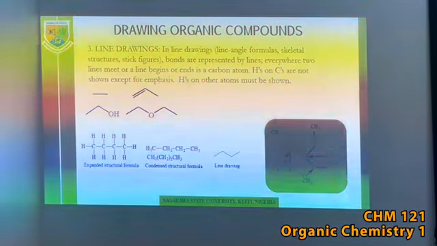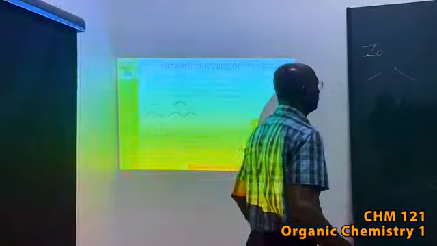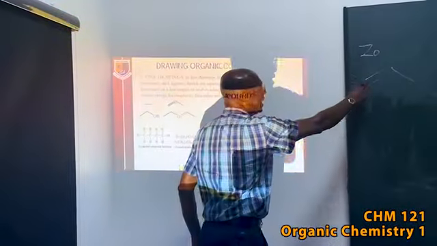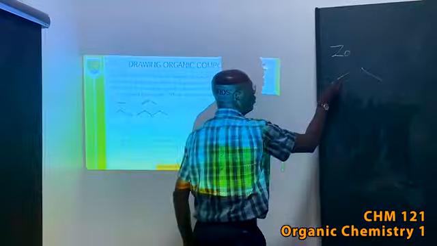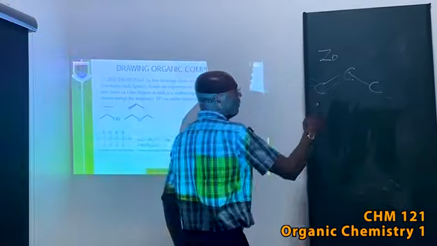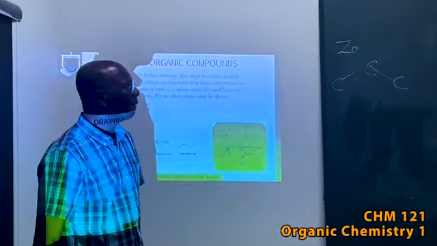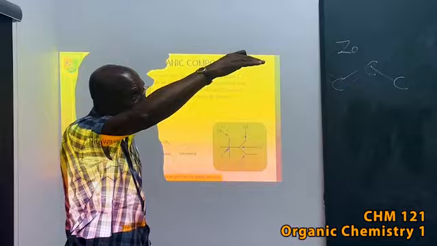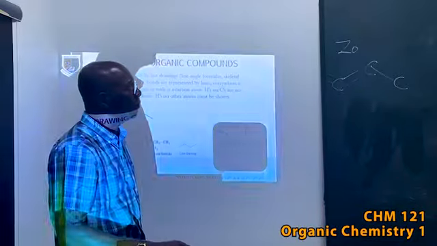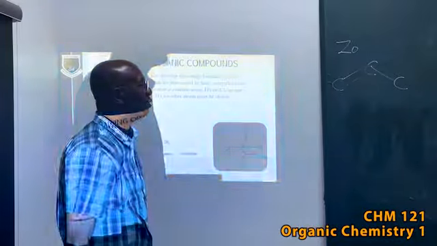So in the case of ethene, we do something like this. Again, any end here is carbon. So if you put a carbon here, we'll put a carbon here, we'll put a carbon here. Each of those carbons has to have 4 bonds. And unless we indicate any other atom there, we all agree that it has to be hydrogen.